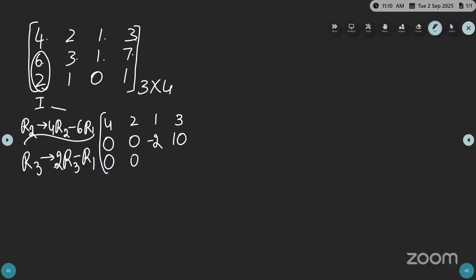Again, 0 minus, what next? 2 minus 3, minus 1. So what do you have got? Now we have almost 2 rows that seem to be equivalent.